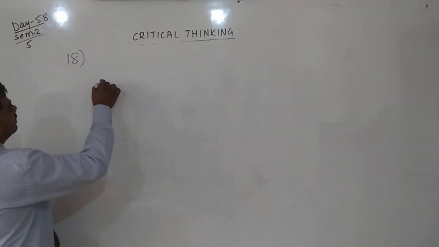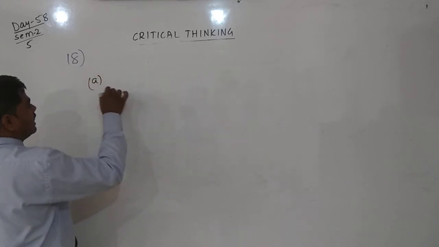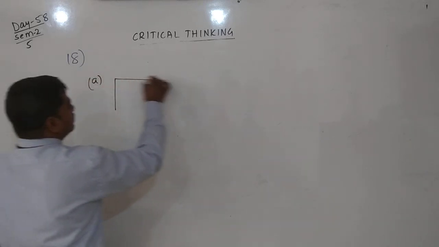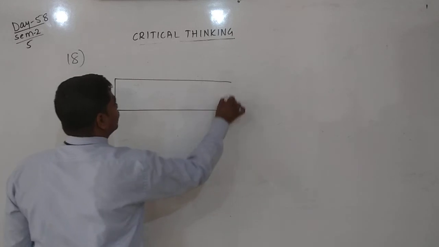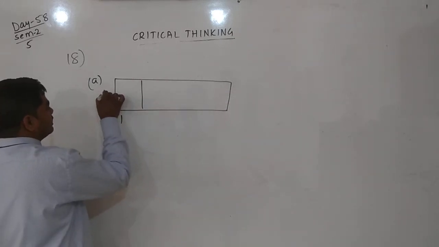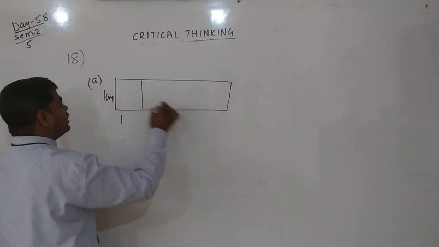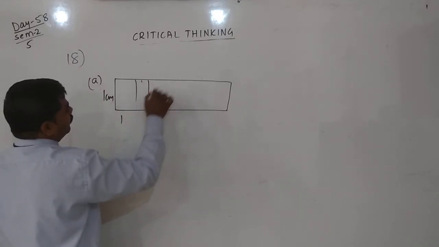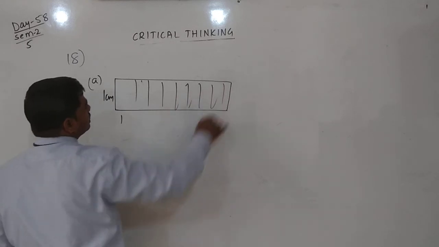Here is an example I am drawing, not exact. This is 1 into 24. 1 centimeter we can take as the length, and breadth we can take 24 squares. How many square boxes? 24.